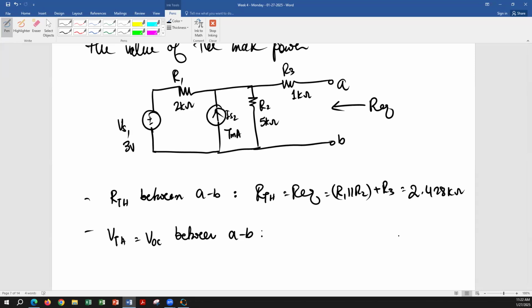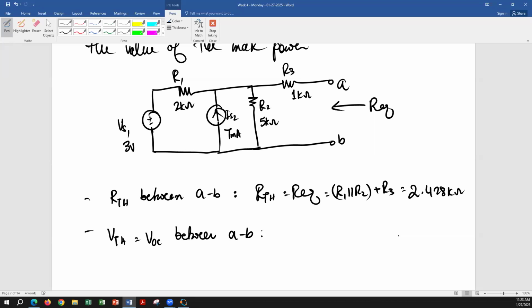Yes. How can you add a voltage and current together? You can't. It would be IS2 minus... R2 and R3 are not in parallel.